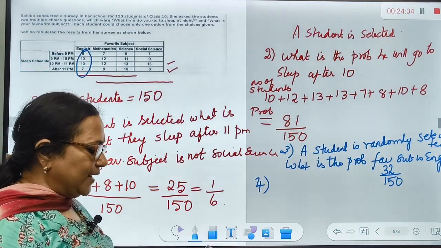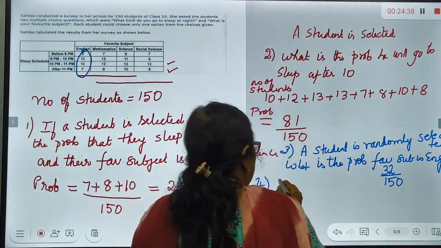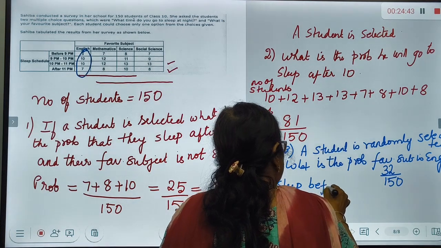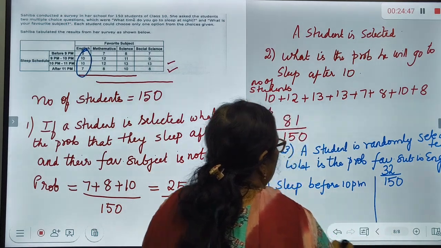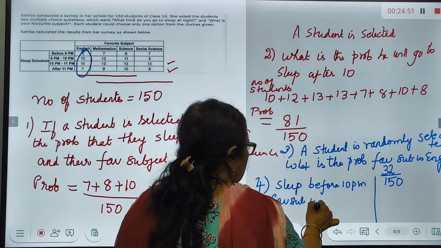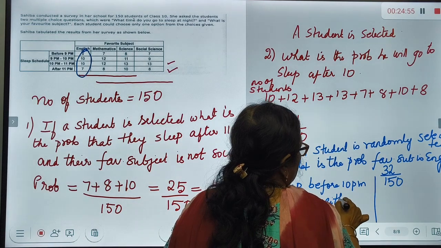If a student is randomly selected, what is the probability that they go to sleep before 10 p.m. and their favorite subject is either science or social science?